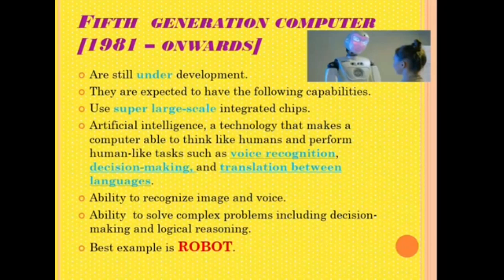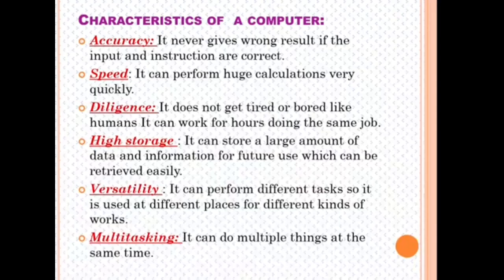For that they have to develop. They are researching the ability to recognize image and voice, and the ability to solve complex problems including decision making and logical reasoning also. The best example is the robot. Robot is the best example in the fifth generation computer.